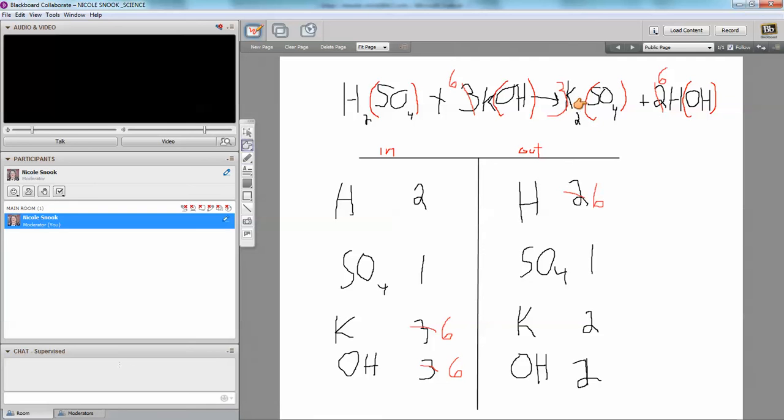SO4 has been affected. It is now 3. And K has been affected. It is now 6. 3 times 2 is 6.